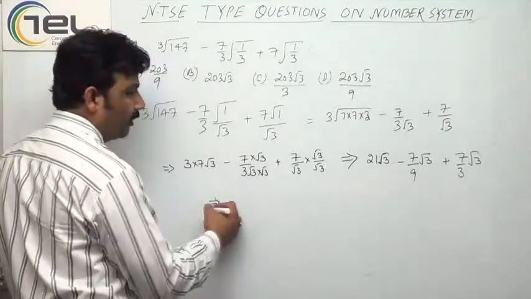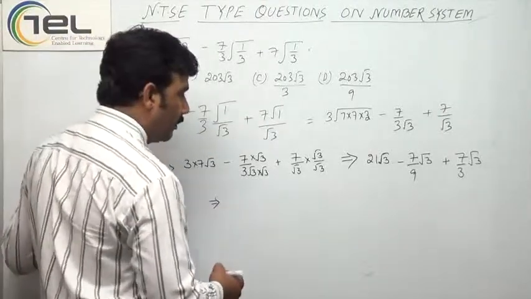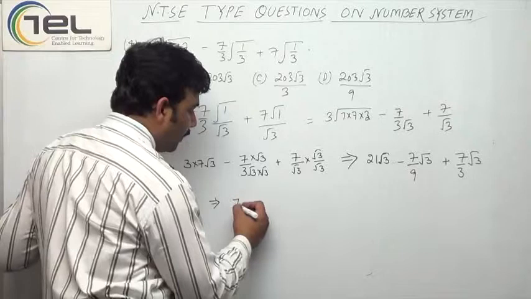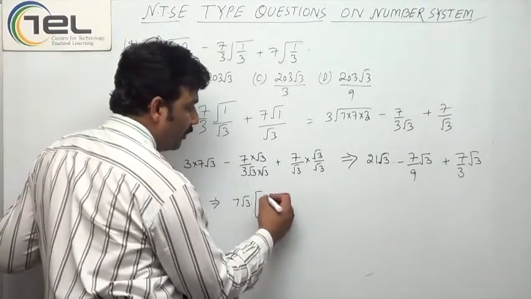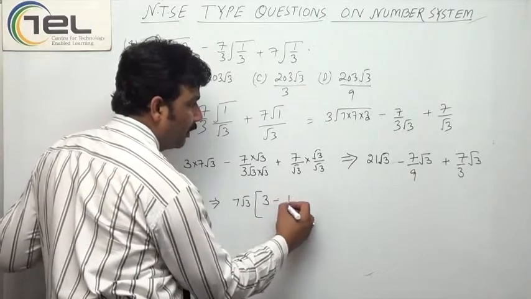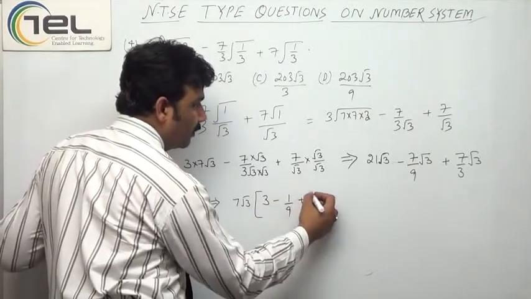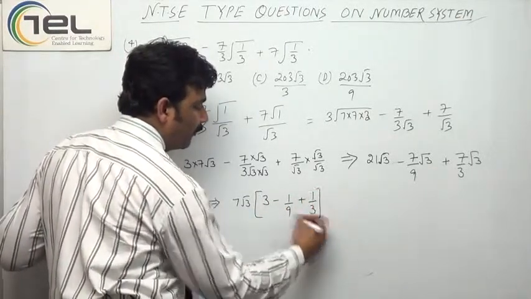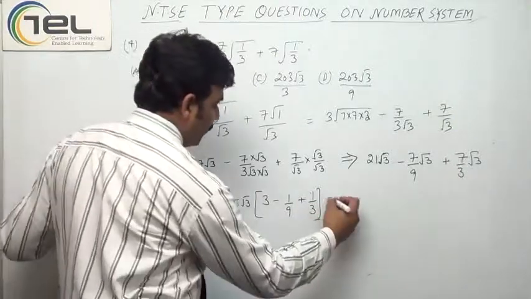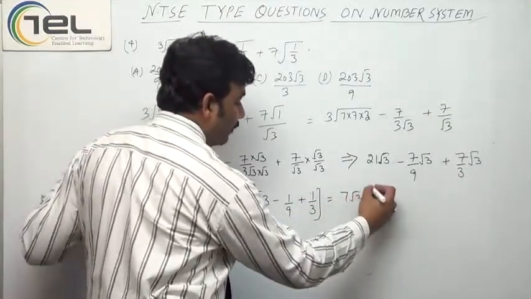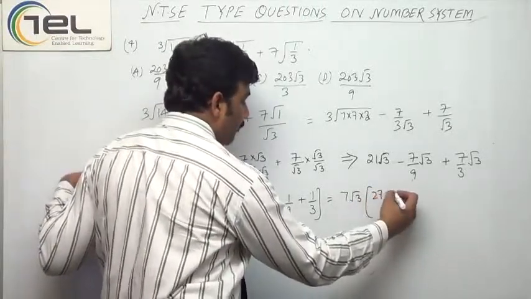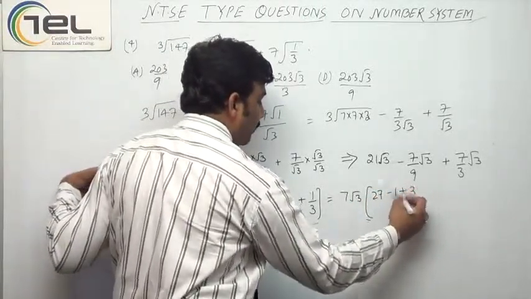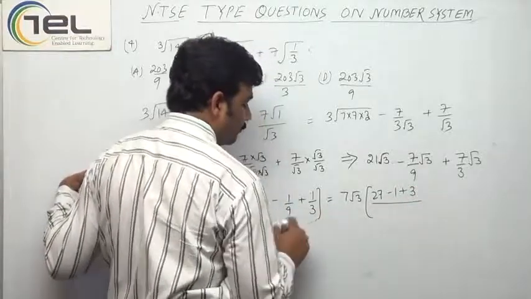So I will take 7 root 3 as common from all of them. What will I be left with? I will be left with 3 minus 1 by 9 plus 1 by 3. I will solve this: 9 3 times minus 1 plus 3 upon 9.